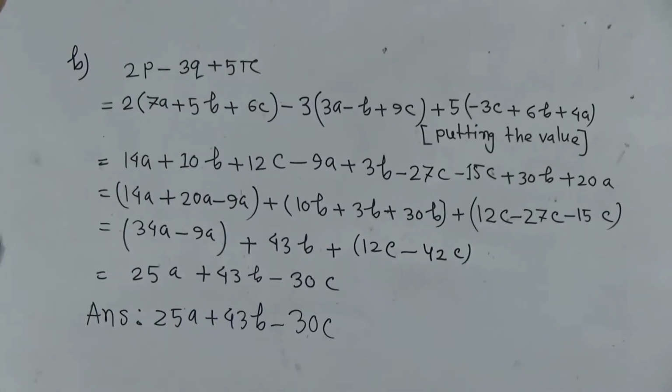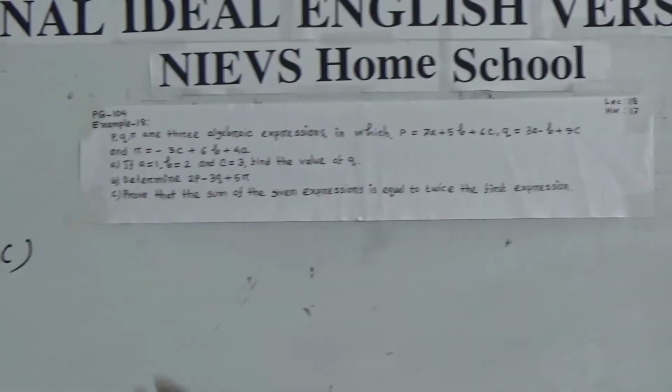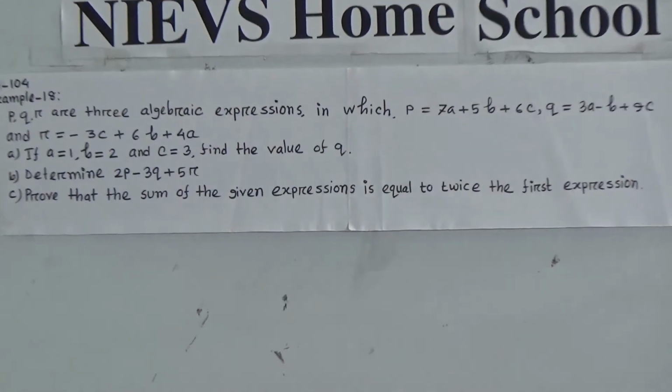Now see question number C. Prove that the sum of the given expressions is equal to twice the first expression.